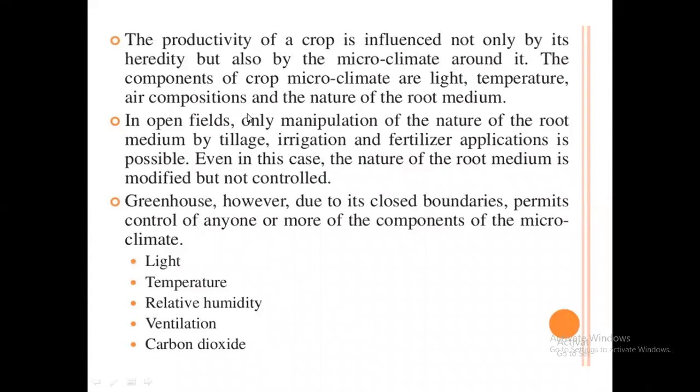The microclimatic condition inside the structure is called environmental control. And for that, the various microclimatic factors are light, temperature, then air composition.